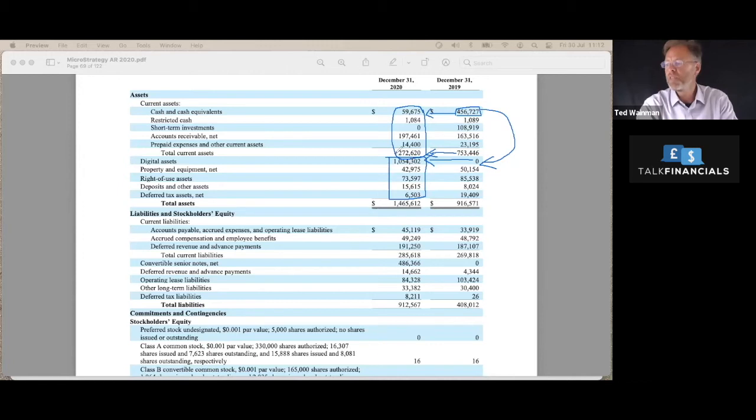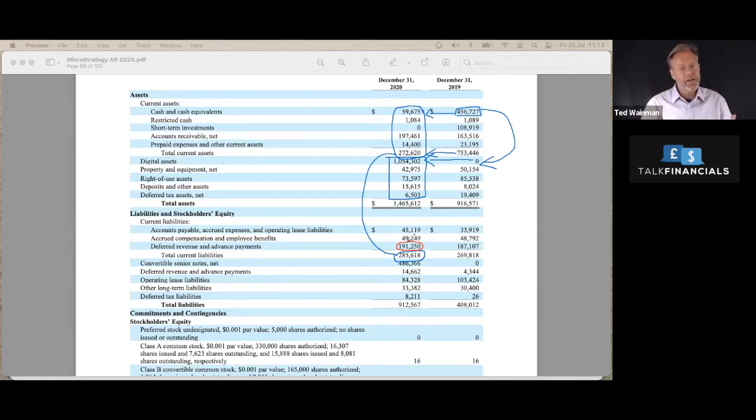Even so, the current assets, if we compare them to the current liabilities, it doesn't look too bad. It's less than the current liabilities, and that might be a warning sign for us from a liquidity point of view. But actually, when we look at the current liabilities, we see 191. This is deferred revenue. So these are customers who are paying subscriptions, paying MicroStrategy up front.